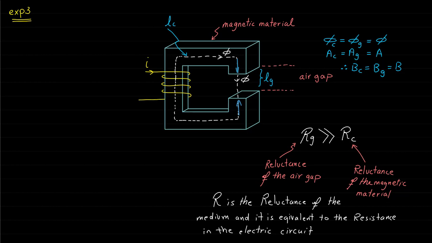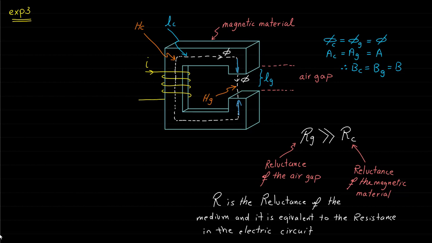To keep the same magnetic field lines in these two mediums, the magnetic field intensity of the air medium will be different from the magnetic field intensity of the magnetic material. I will talk about this concept in detail later in future lectures.